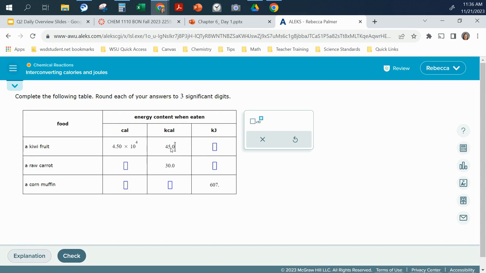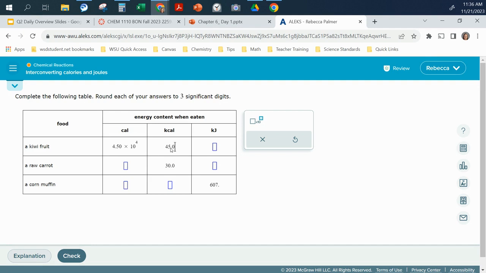All right, then we're going to take this number and convert it to joules. Now we're going to do the unit conversion I was trying to do earlier. 4.184 kilojoules for 1 kilocalorie. I'm putting this on the top because that's what I'm trying to find, and this on the bottom because I need to cancel that out.